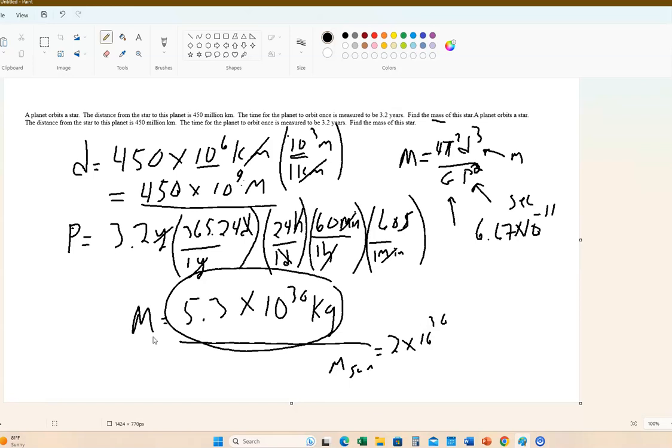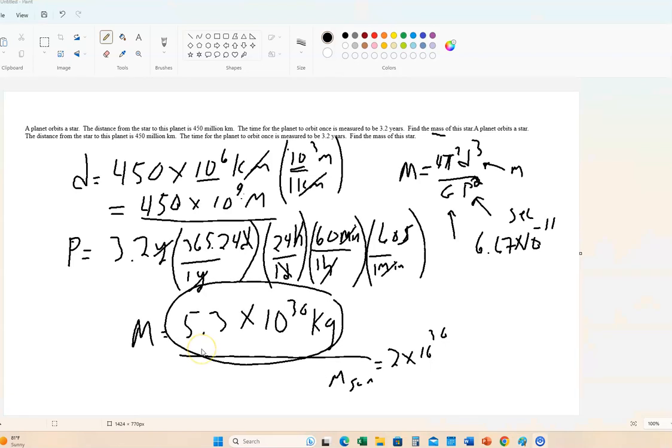If we compare the two, the mass of this star is 2.65 times the mass of the sun. You just divide this number by this number.